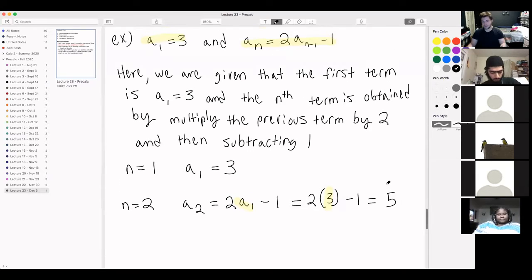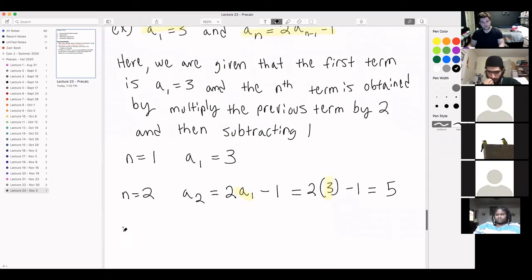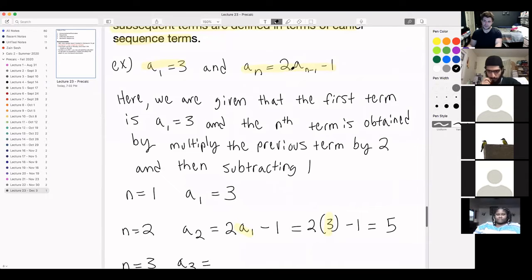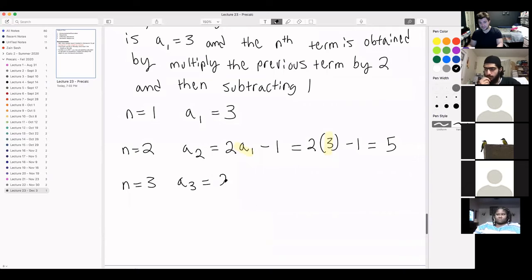Let's keep going with the third and fourth terms. For n equals 3, a sub 3, the formula tells us to multiply the previous term by 2, and the previous term from a3 is a sub 2, and then subtract 1. We already have a sub 2. It's 5, from our computation before.